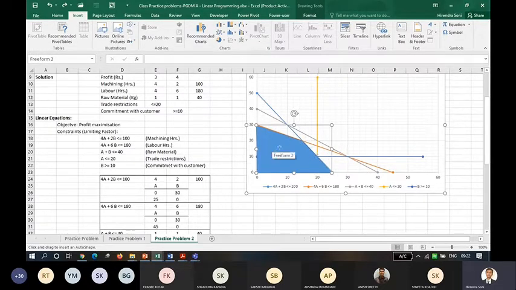So when I say the inner side, still the common region remains the same. Is it fine? Common region for all the three lines. Yes, sir.